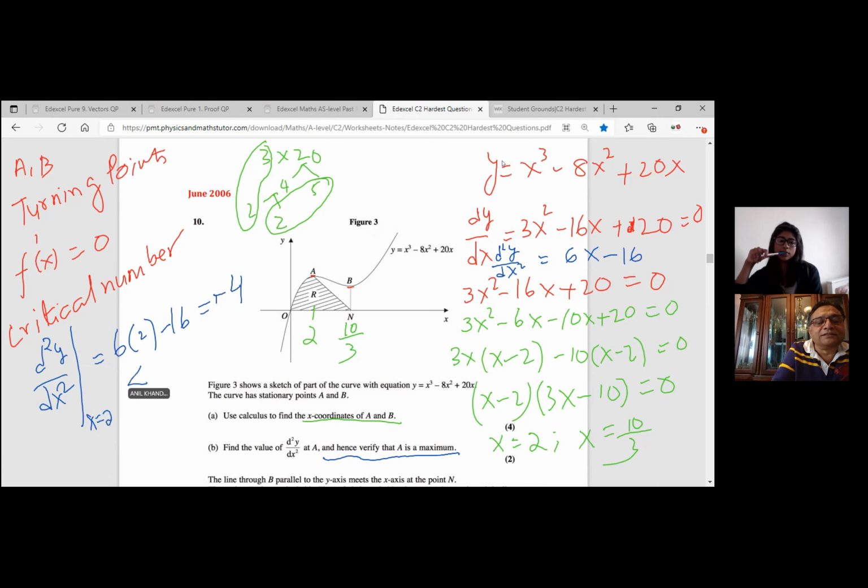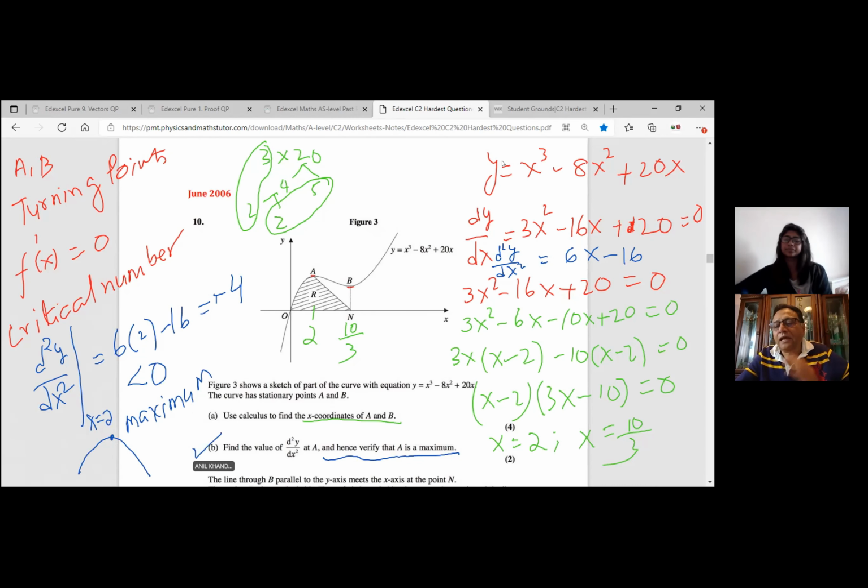Since it is less than 0, the concavity is concave down, and therefore this is a maximum. Is it clear to you? That is how you will explain and write down the solution for part B. Is this clear to you?